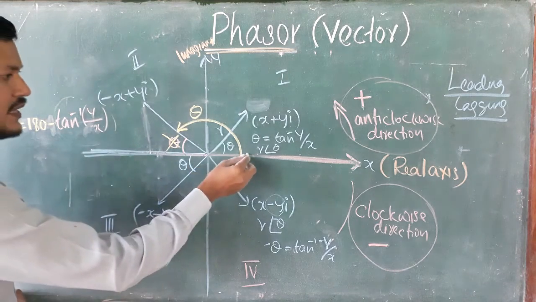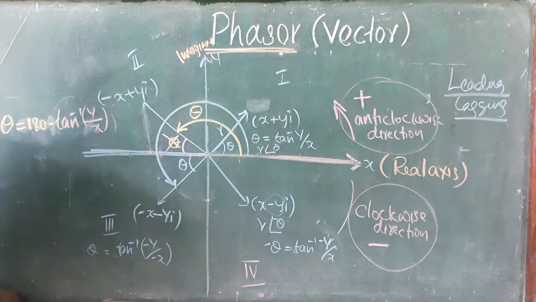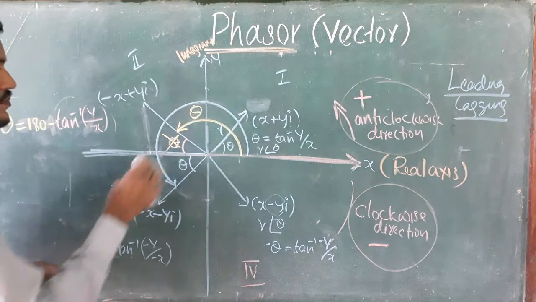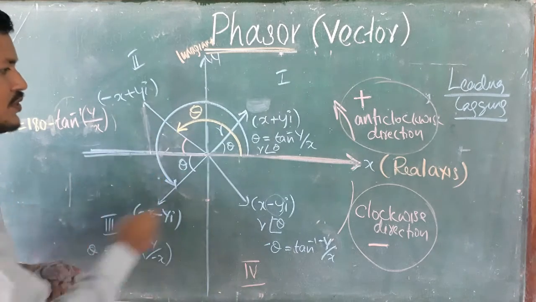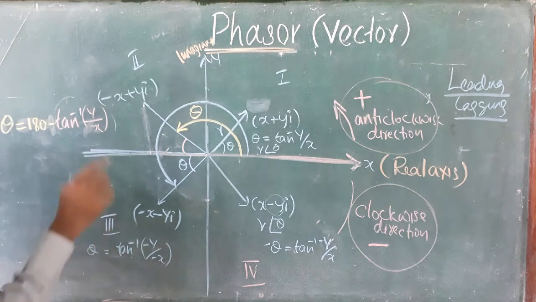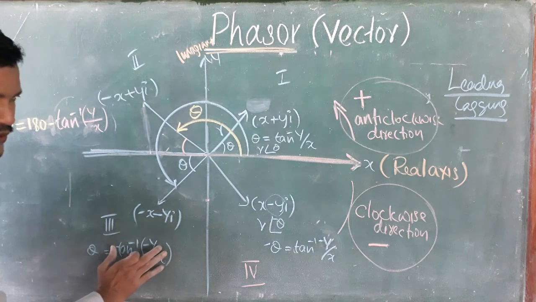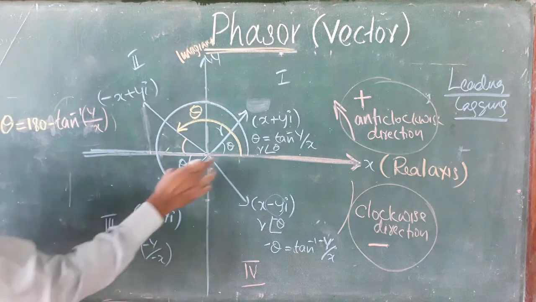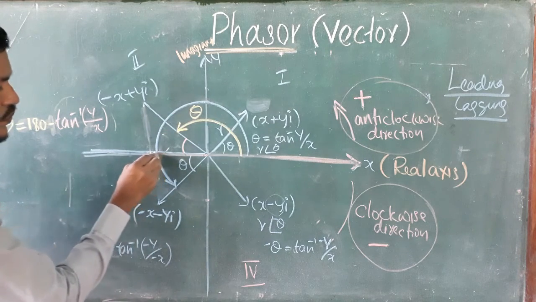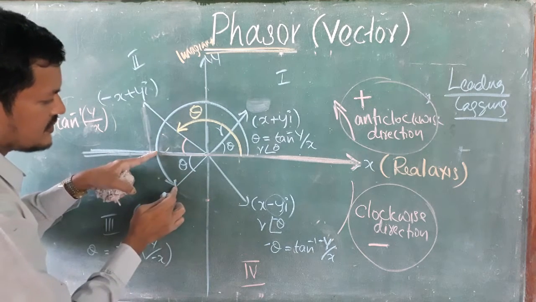This is not the angle from the positive x-axis. We want the angle from the positive x-axis to the phasor. Clear? So now this becomes positive, so we get a positive angle, and we have to add. This much angle we know is 180 degrees, plus this much.